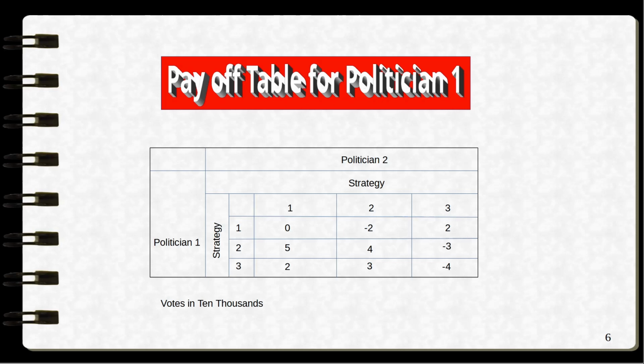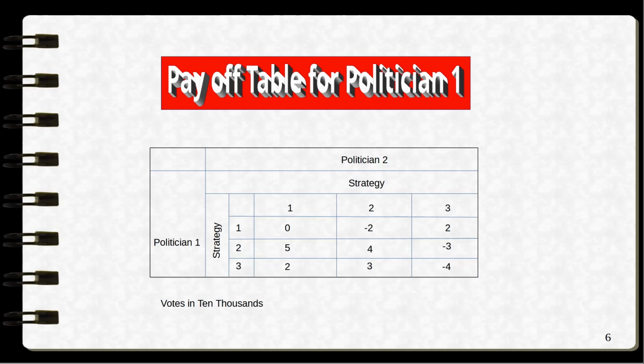Now, again, we go to the payoff table of politician number 1. Now, what do we find here? If politician number 1 has to arrive at a strategy, he would critically look at his table. So, what would he do? He would first eliminate strategy number 3. Now, why is that? Let's go back.